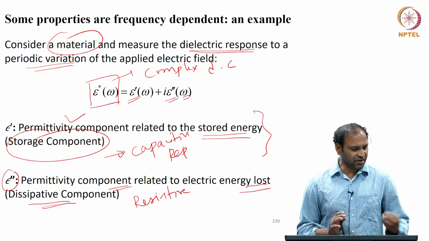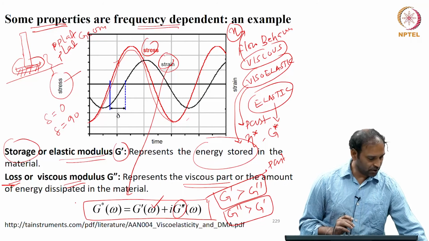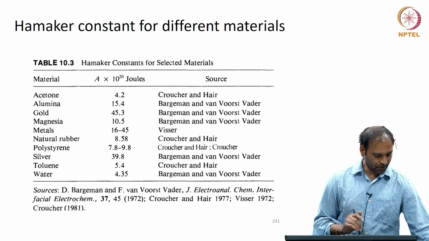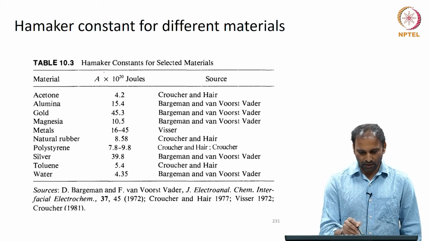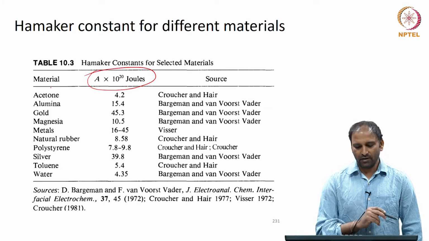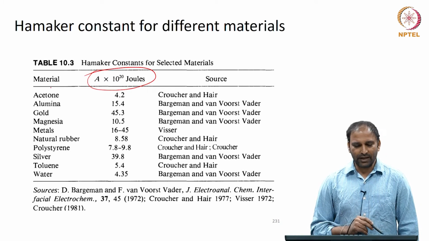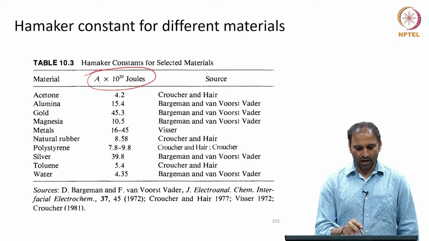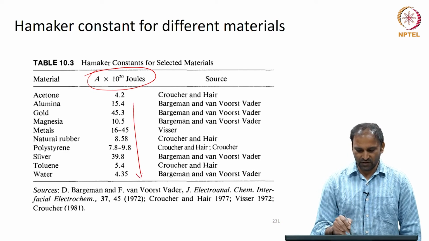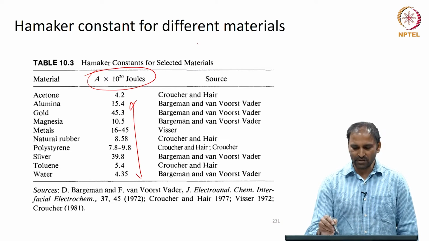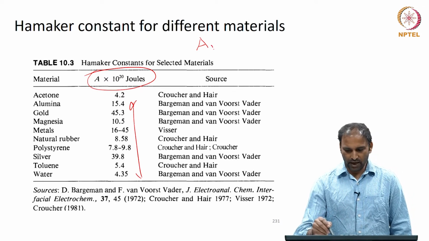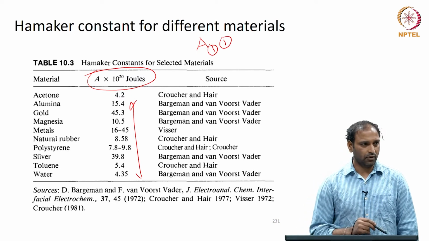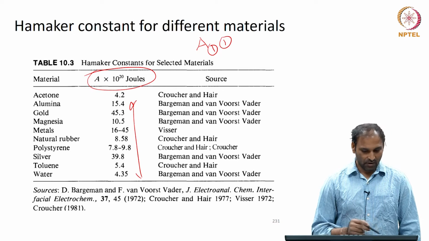So, with this background, there is one particular theory. Before I do that, I just want to mention one more important point. Whenever you have a table like this, when you say A is given, what this A essentially means is that this is the Hamaker constant for interaction between similar blocks, or similar materials.